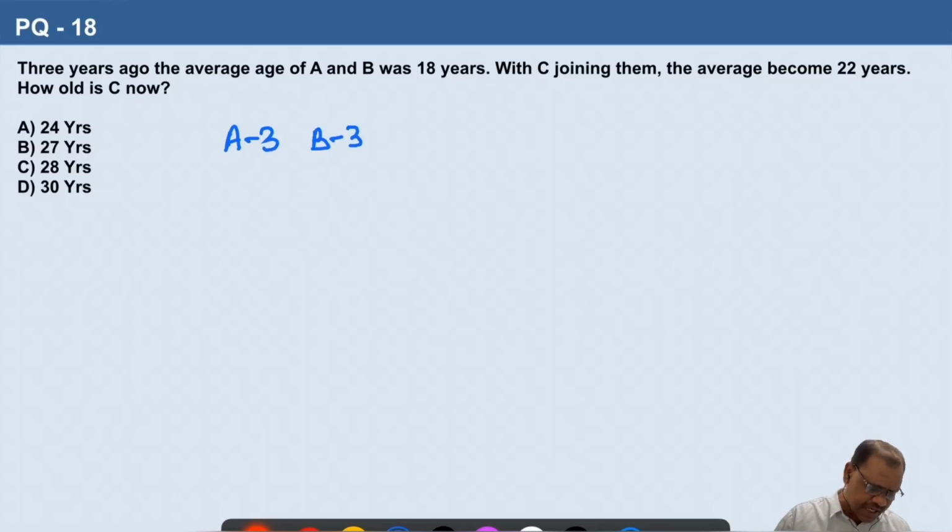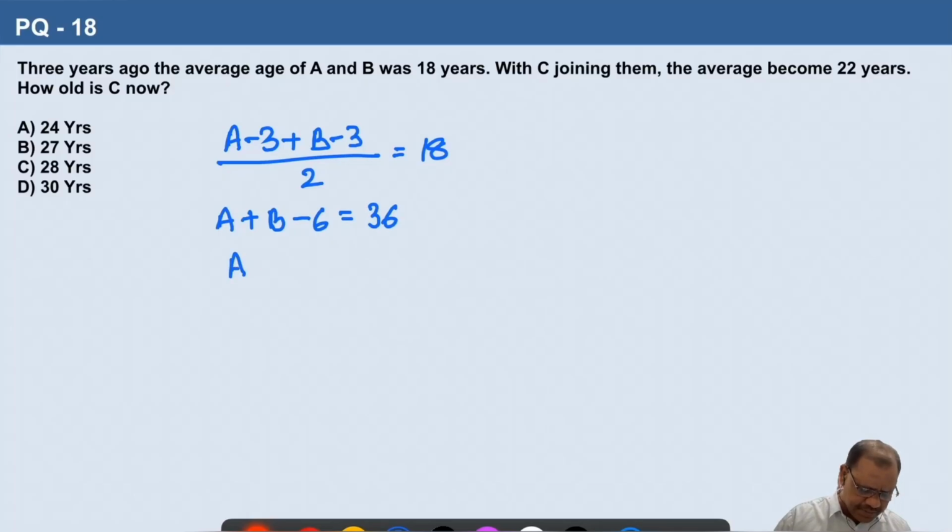The average was 18 years, so A plus B minus 6 by 2 is equals to 18. So this is A plus B minus 6 is equal to 36, 18 into 2 by cross multiplication. So A plus B is equal to 36 plus 6, 42.